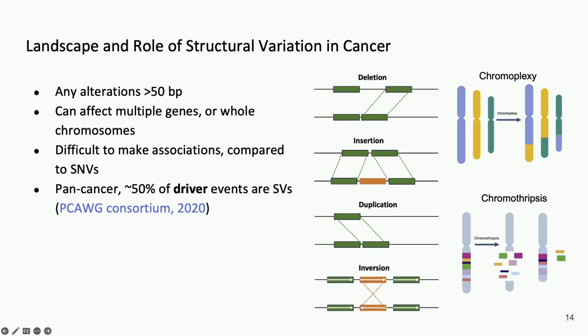In cancer, as you may know, they often have much more complicated somatic structural variants, such as chromoplexy, when you have a balanced DNA exchange between multiple chromosomes, or chromothripsis, when a chromosome arm or whole chromosome is shattered and then reassembled.